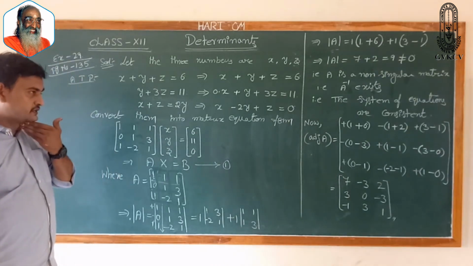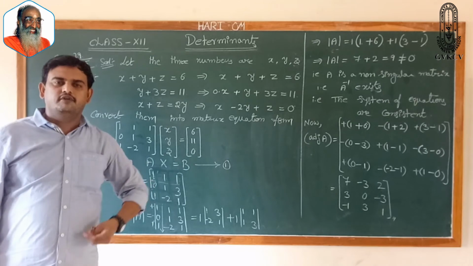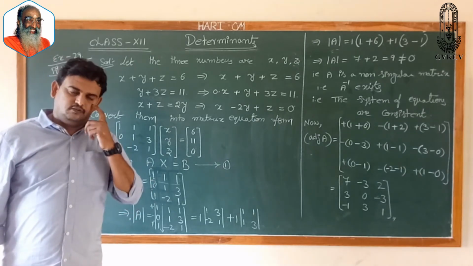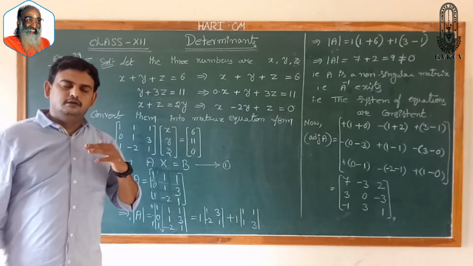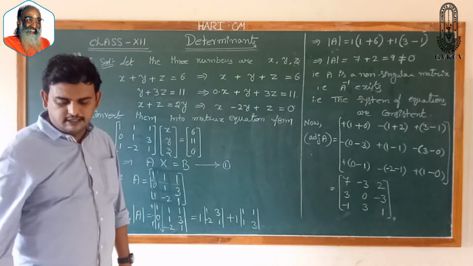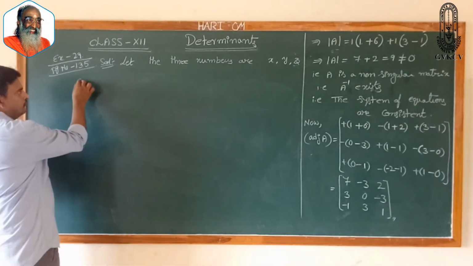Once we know the adjoint of A, now we can find A inverse. Then we can find the variable matrix. Let us see how to find it.